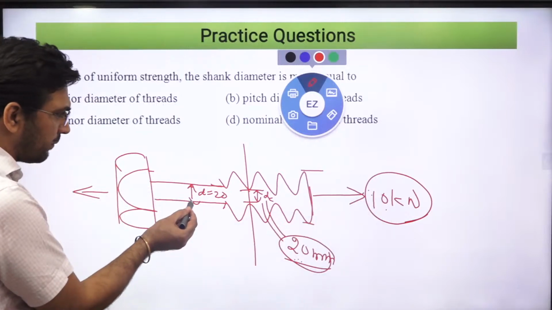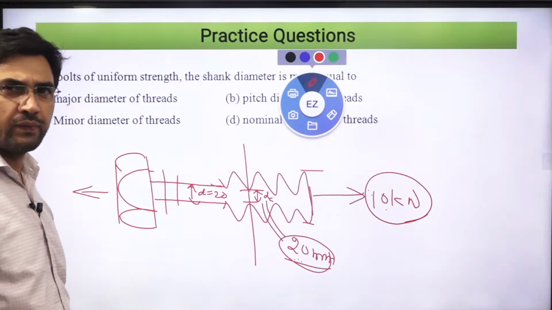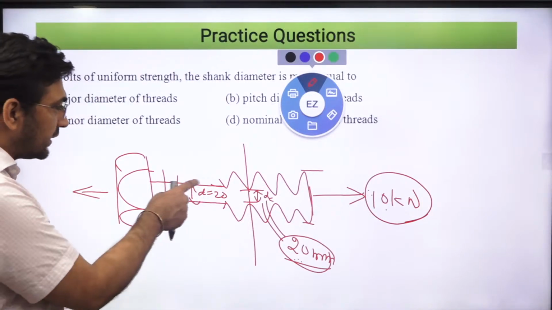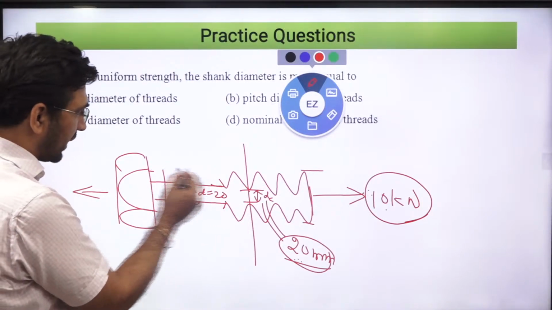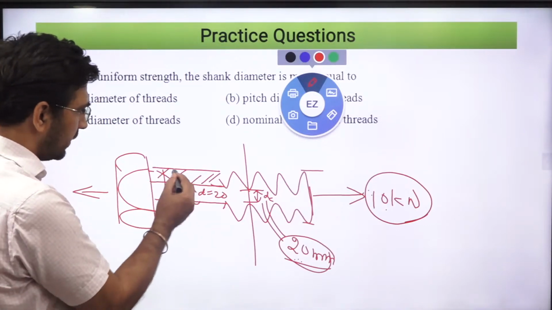Then if I make this 20 mm, this will also be able to carry that 10 kilonewton. So where is the trouble? Instead of taking 30 mm, which I was earlier taking as the largest, I'm saving this much material.